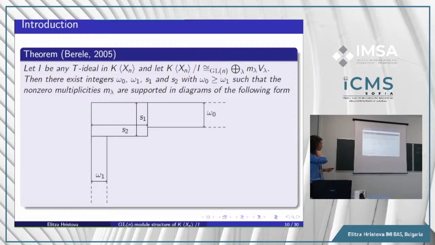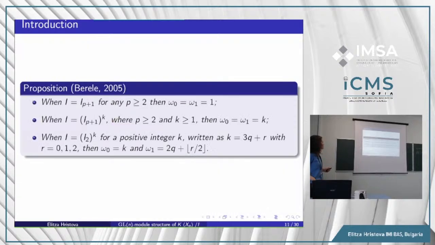So he computed them to be ones in this case, and when we take k copies, he showed that they are both equal to k. And there are similar results for the k copies of I2 with a bit more complicated expression, but still explicit.